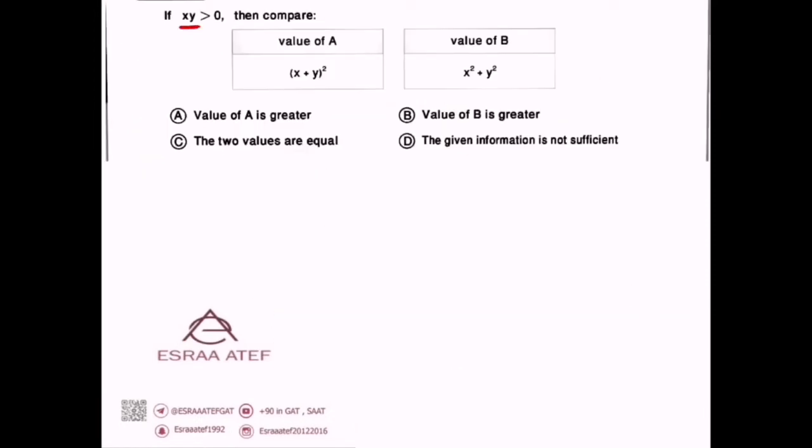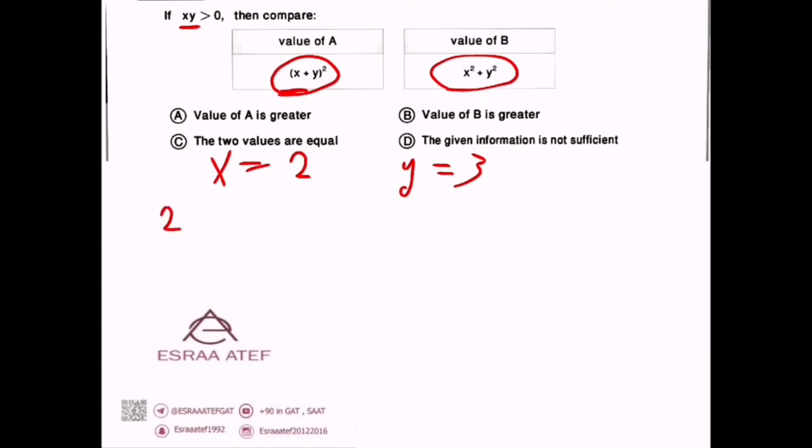Okay, here he says that xy is more than 0. So we will suppose any two numbers for x and y. If we suppose 2 and 3, we will calculate each value. The first one, x plus y squared, is 2 plus 3 squared, which is 25.